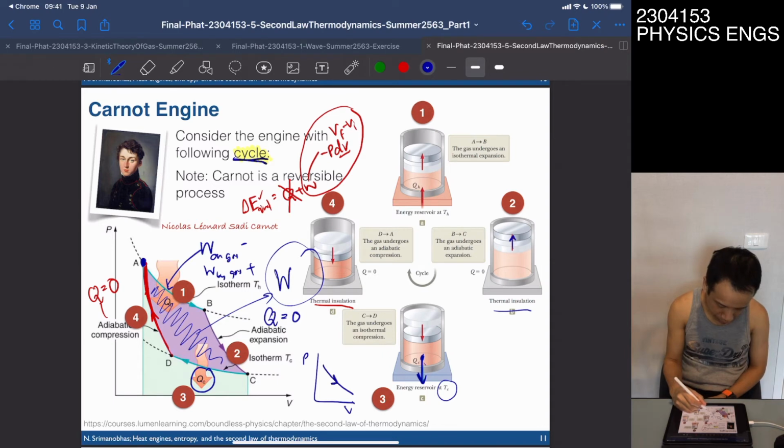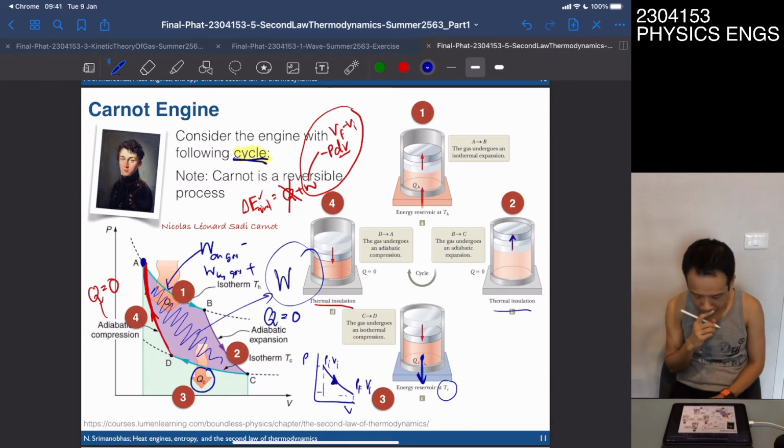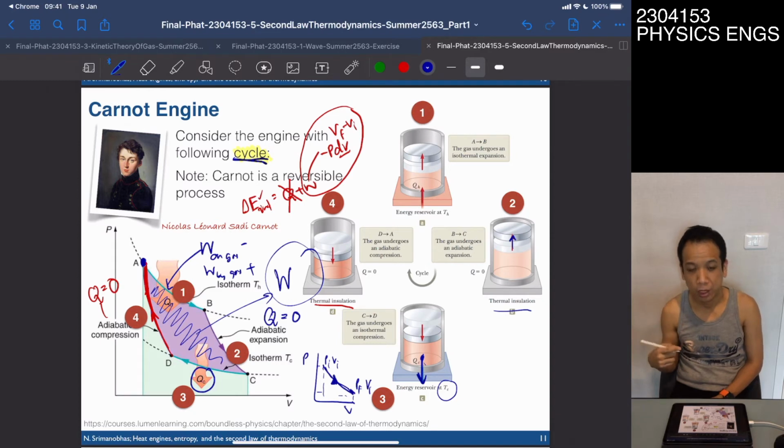If you remember when we were talking about the first law of thermodynamics, we start from Pi, Vi to Pf, Vf, and then we ask what happens if the volume starts expanding. The volume is expanding, which means the gas in your system needs to do the work.